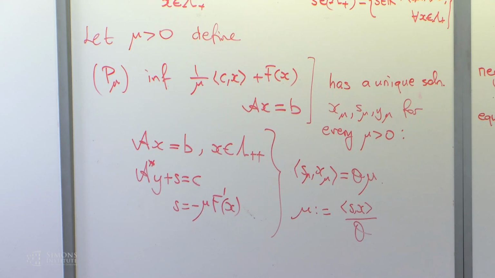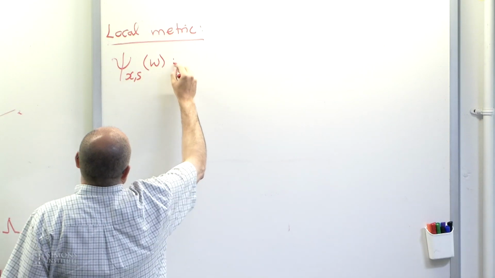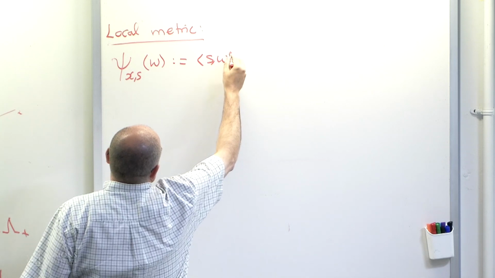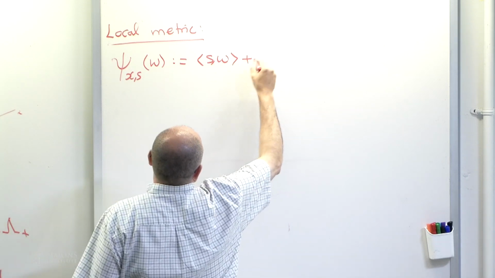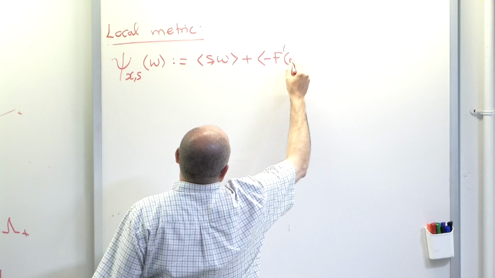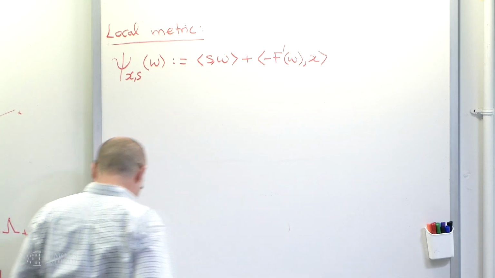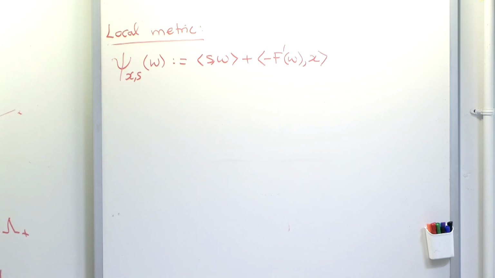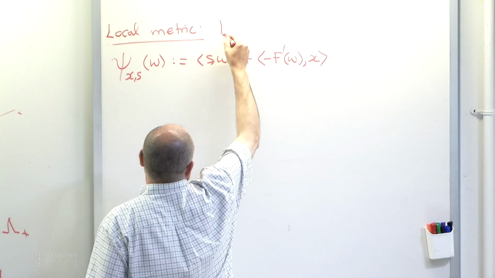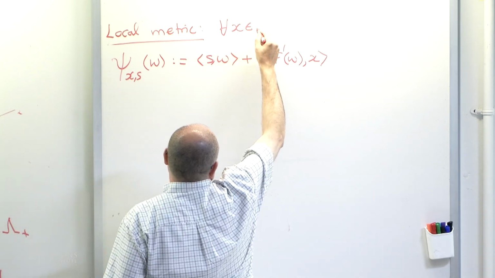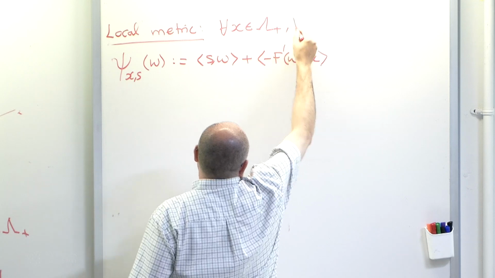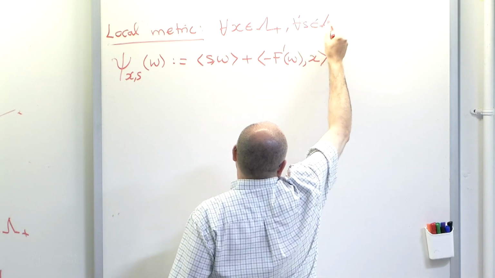I'm going to define a function for any given pair of x and s as SW plus minus f primed w x. Okay, so notice that I define this, if you like, fixed for all x in this cone, for all s in the dual.